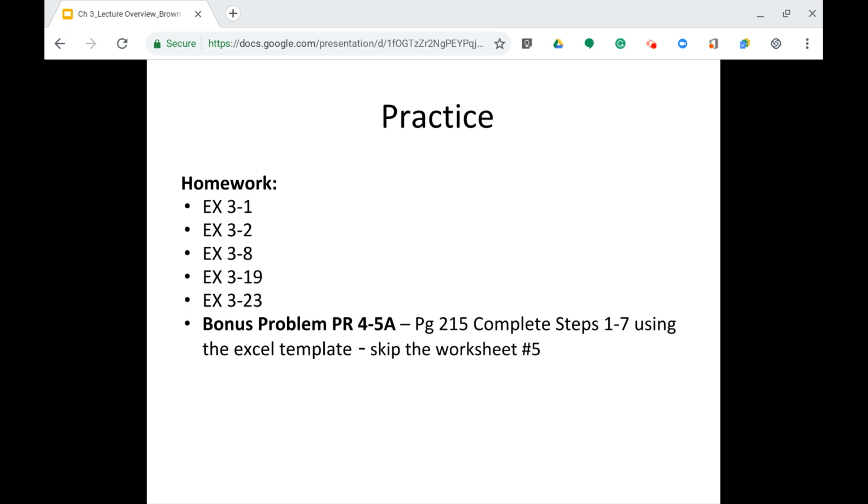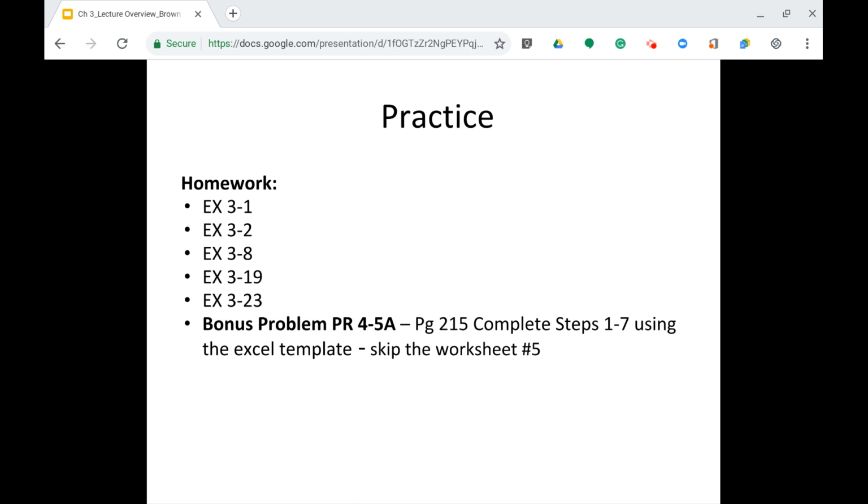Now, to practice some of the concepts that we've talked about so far, you need to do exercise 1, exercise 2, exercise 8, exercise 19, exercise 23 at minimum. At minimum. What do I mean by that? In between there, at the end of the chapter under exercises, you're going to see some problems that say, if this adjustment was omitted.